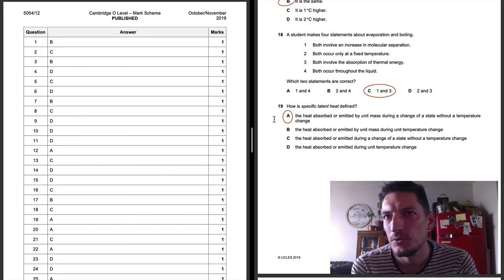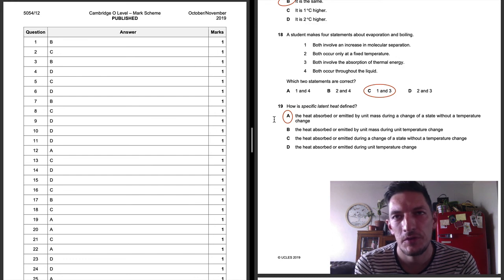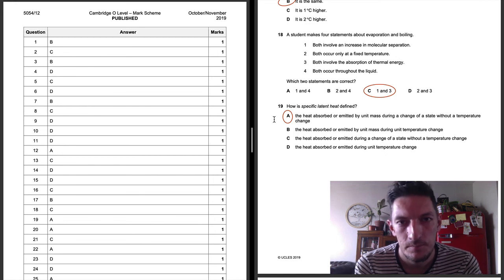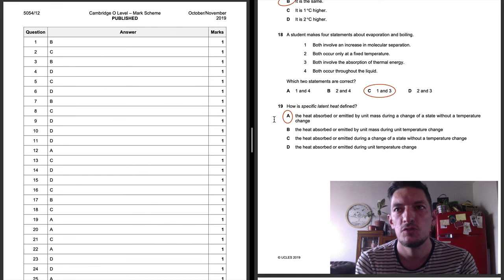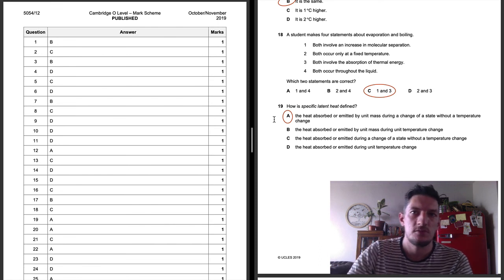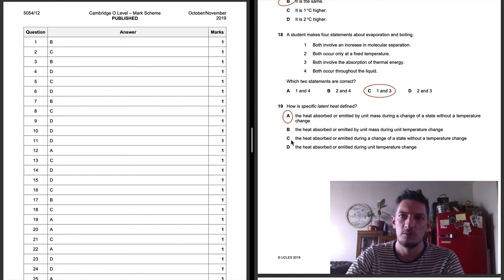So it was A, meaning it was in fact during a change of state. And these things are always per unit mass. So really, you might be wondering, it could have been A or C, but A was the one that was per unit mass. It had to be A. So I got that one wrong.